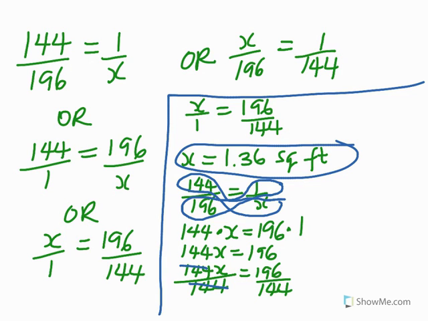So this implies that x is now 1.36 square feet. Now, this is the method of proportions. But like I said, I would prefer to use the second method, the unity fraction method. So let's go ahead and use that.